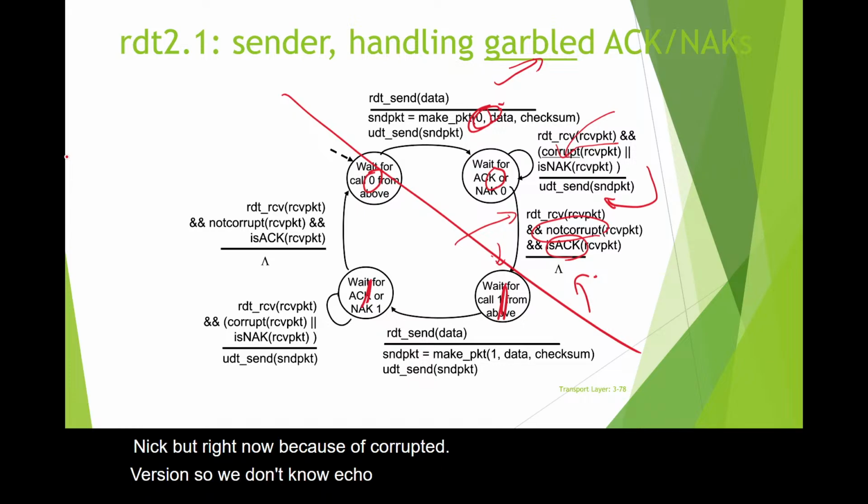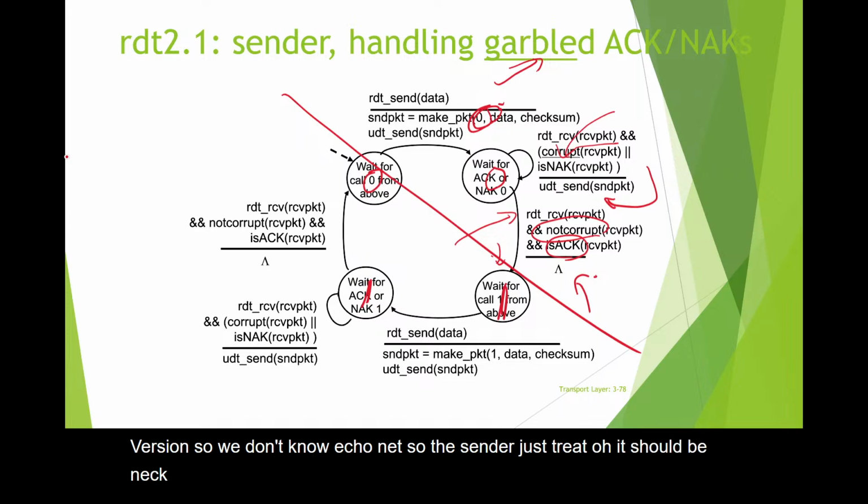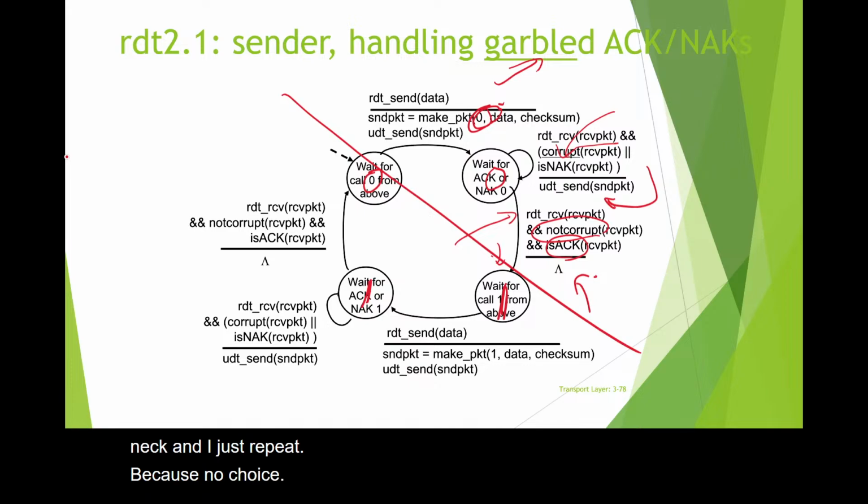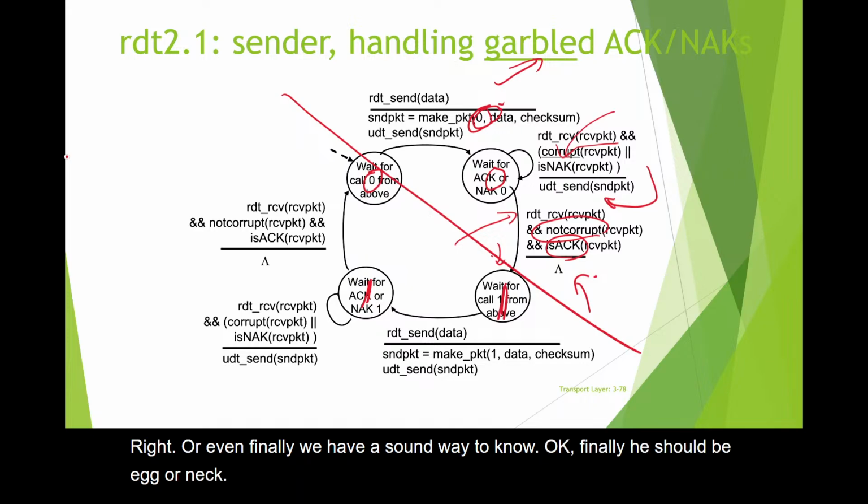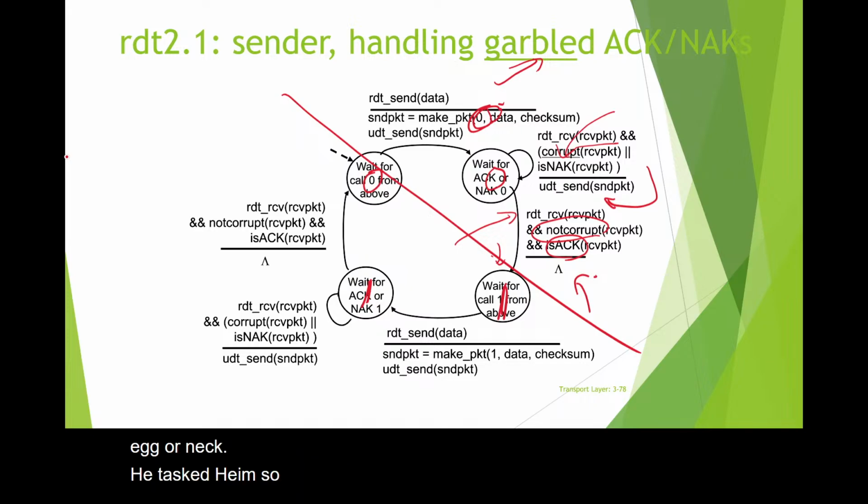So the sender just treats, oh, it should be NAK, and I just repeat because no choice, right? Or even finally, we have some way to know, oh, okay, finally it should be ACK or NAK. It takes time. So because we try to avoid that one, to save time, we just repeat sending the packet again.